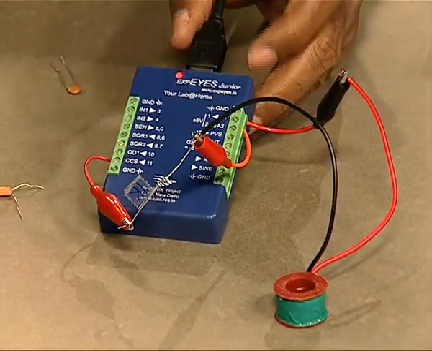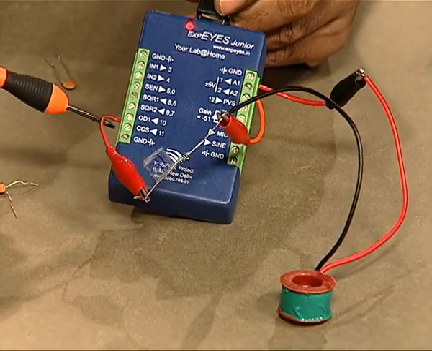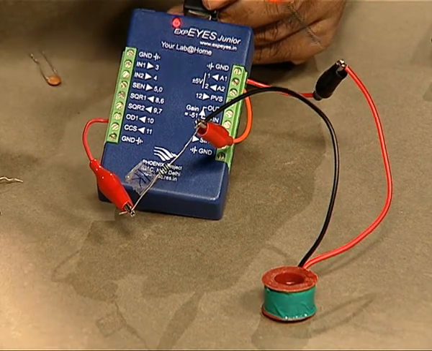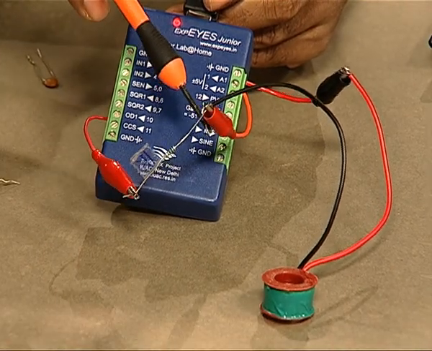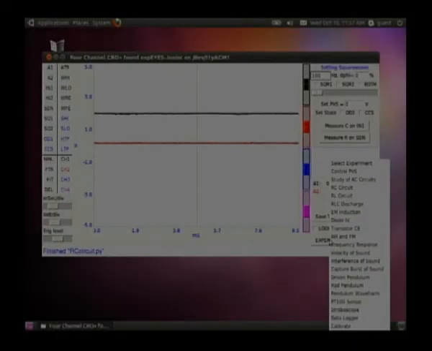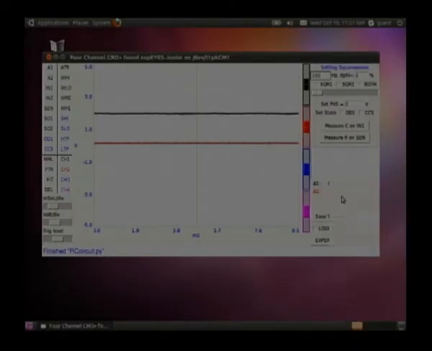You can see the connections here. This step will be given through a 1 k resistor to this inductor, and we will measure the voltage at this point. And now, coming to the screen, from the experiments menu you start the RL circuit.